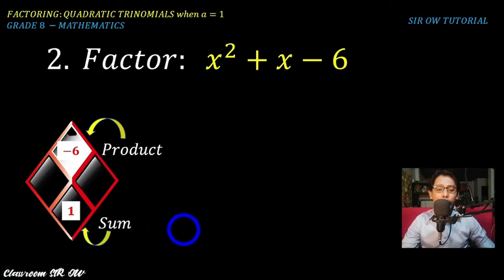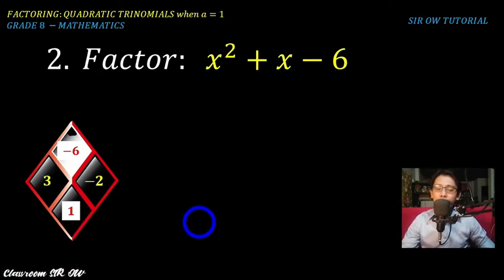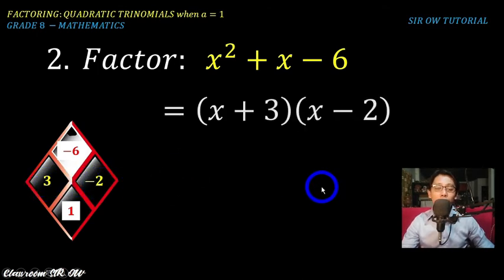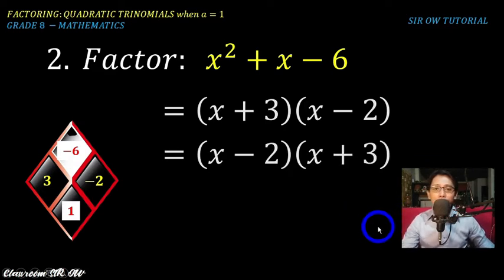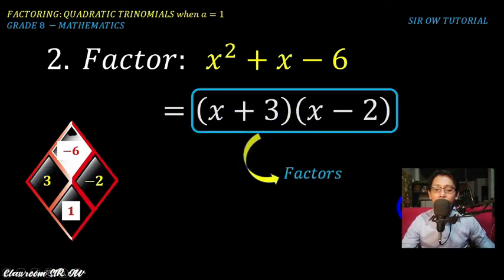That is 3 times negative 2, because 3 times negative 2 is negative 6, and 3 plus negative 2 are unlike signs, so we subtract them, which gives 1. Whatever numbers are here are also our factors. If you interchange them, see to it, guys, that the signs never change. Whatever the sign is here should also be the sign of our factors. So this would be our factors.